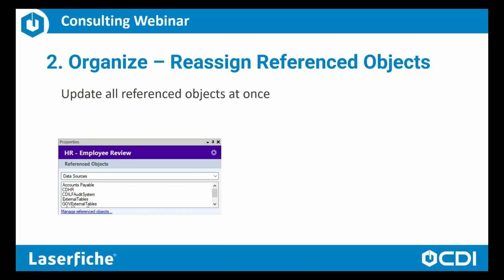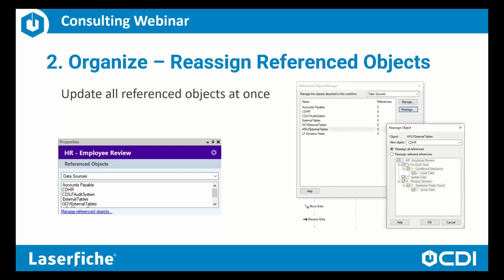Within our workflow, we also can update all of our referenced objects at one time. If you have a very large workflow with a lot of data sources referenced, we're pushing and pulling data all over in this workflow to populate documents, build mail merges, who knows.